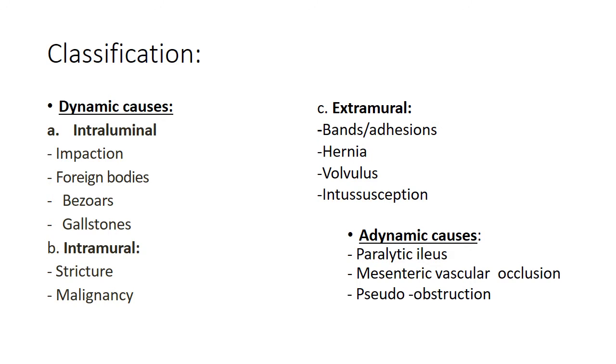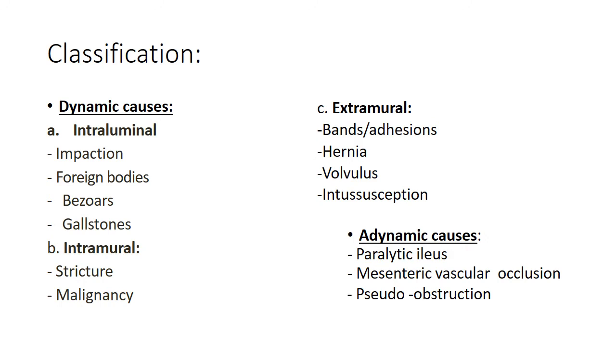In dynamic type, basically, peristalsis is working against a mechanical obstruction, and this mechanical obstruction can be intraluminal, intramural, and extramural. Further, in intraluminal, the cause may be impaction, foreign body, bezoars, and gallstones.